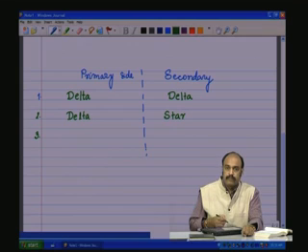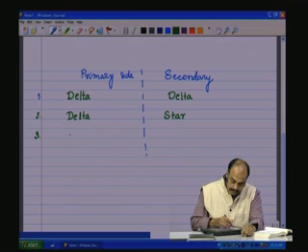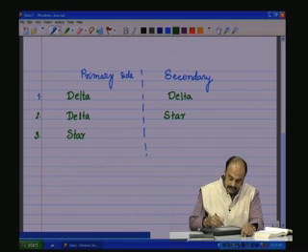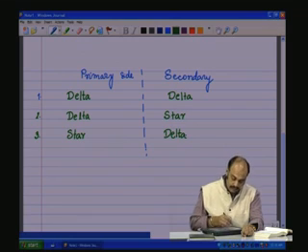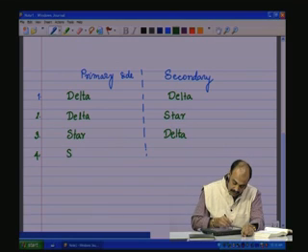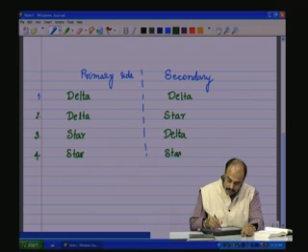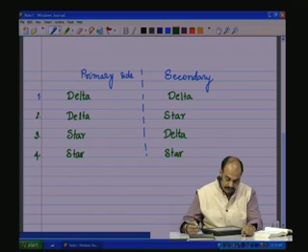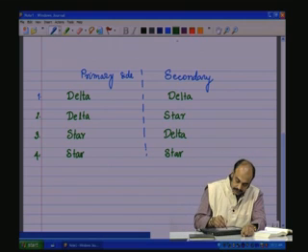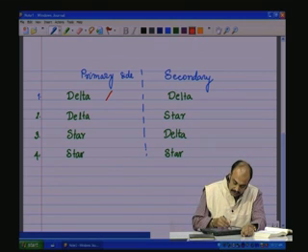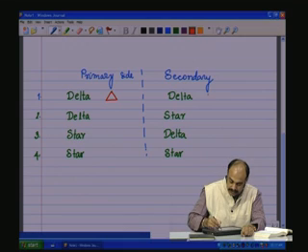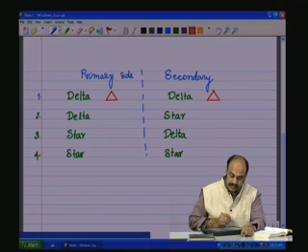And the third, we have the primary connected as star, the secondary connected as delta, and the fourth, we can have the primary in star, the secondary also in star topology, which means we have a circuit in the delta topology and a delta topology on the secondary side, that is called delta delta connection.